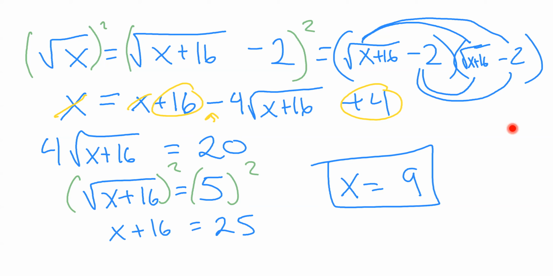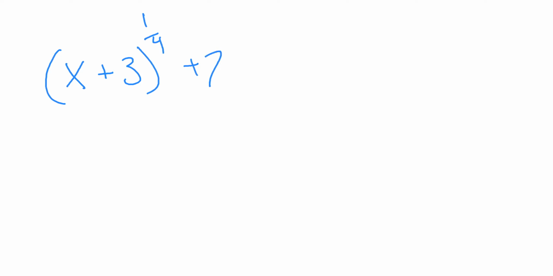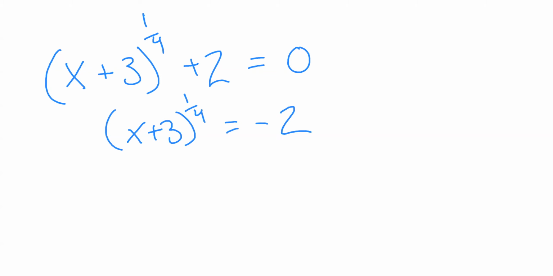All right, one more example. So here we have rational exponents. And really with rational exponents, we're going to treat them just like the radicals. Let's isolate it. And then let's raise it to the 4th power.